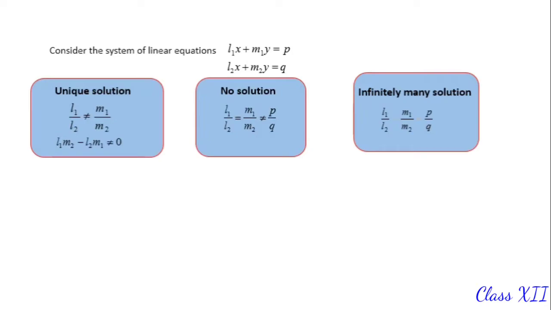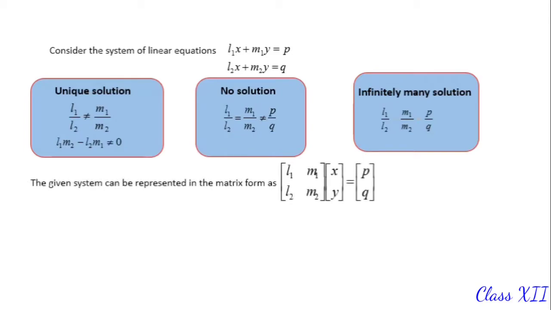Now we have learned that the given system of linear equations can be expressed in the form of a matrix. That is, matrix l1, m1, l2, m2 multiplied by matrix x, y is equal to matrix p, q. In the first matrix, a 2 by 2 matrix, we write the coefficients of the variables x and y: l1, m1, l2, m2.